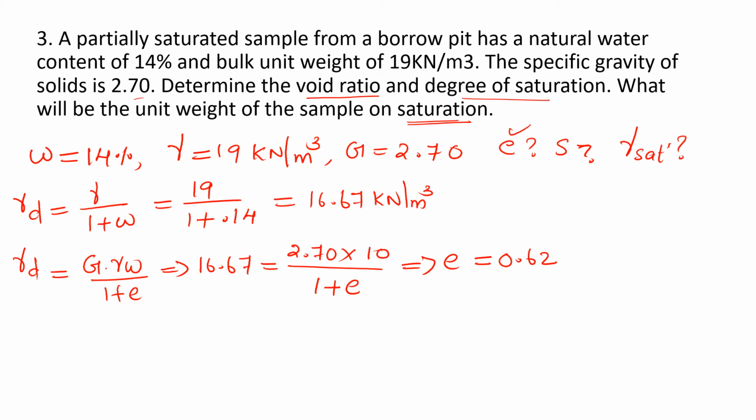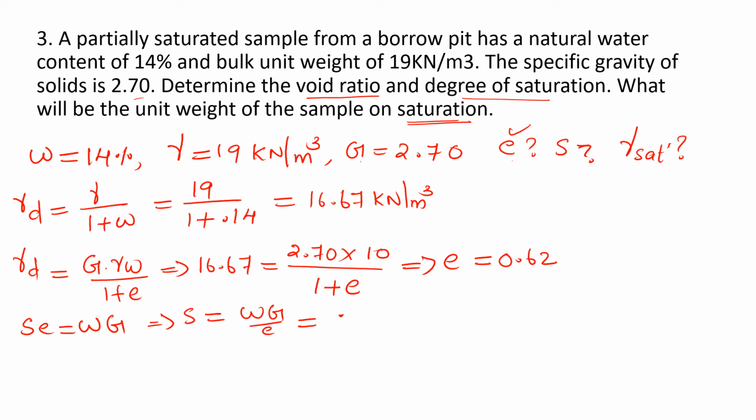Our next aim is to find out the value of S. Now you know void ratio, specific gravity and water content. So we can use the relation S e is equal to w into G. From this we can write S is equal to w into G divided by e, where w is 14%.